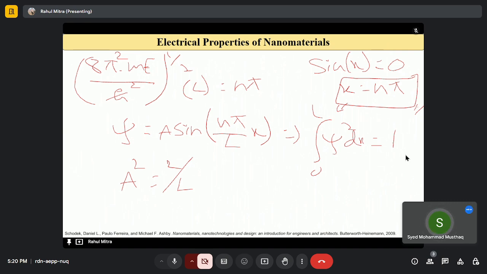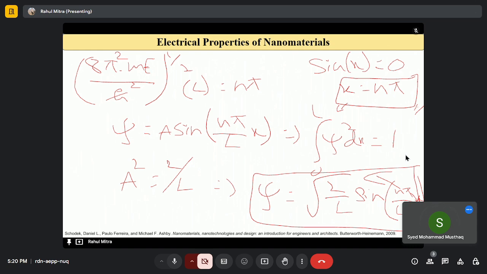So substituting, psi equals root of 2 by L sine n pi by L into x. And please know this is a standing wave equation, not the moving wave or the wave packet. So this is just a standing wave.